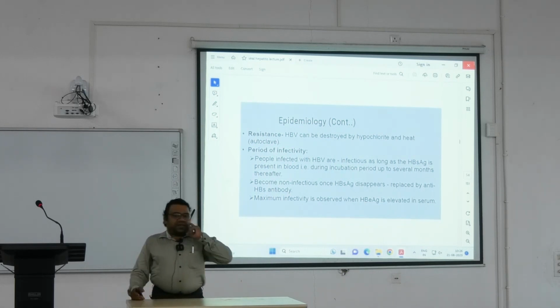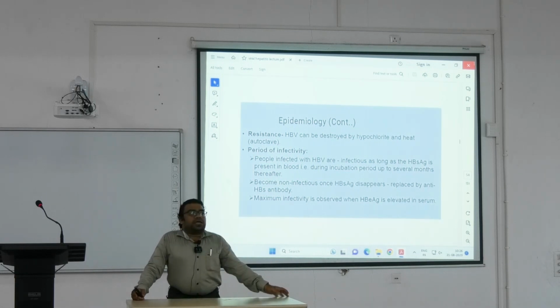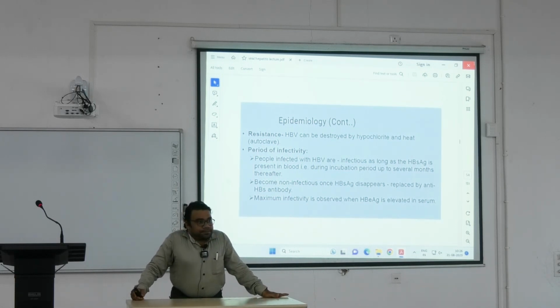So a person gets infected, virus starts replicating, initially we will detect surface antigen, following which the body will produce antibody against surface antigen. Surface antigen will be neutralized and it will disappear, and now we will get antibody against the surface antigen.